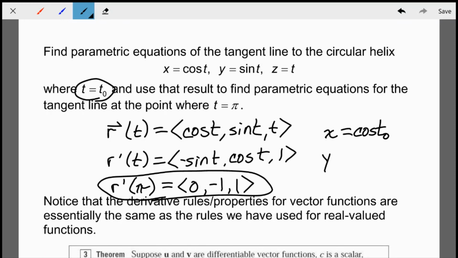And then I've got y is equal to, so I have sine of t naught, and then my change in this case is going to be minus 1 times t or minus t. And then for the z, we started at t naught, and we're always going to add t to that.